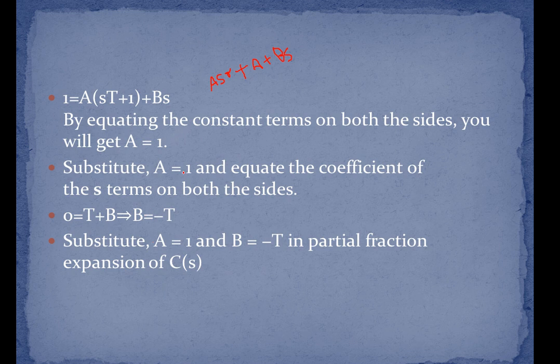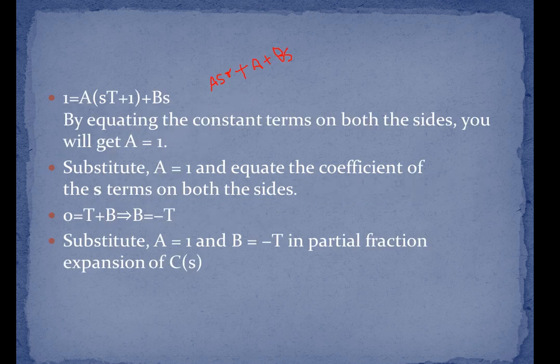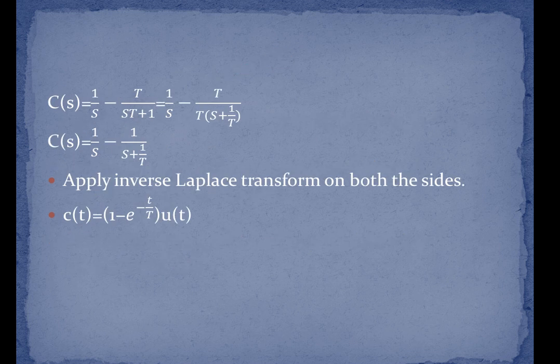Now after doing the partial fractions, substitute the a and b values in the above equation. We get a equal to 1 by equating the constant terms, and b equal to minus tau by equating the s terms. Substituting those values, C of s equal to 1 by s minus tau by (s tau plus 1).